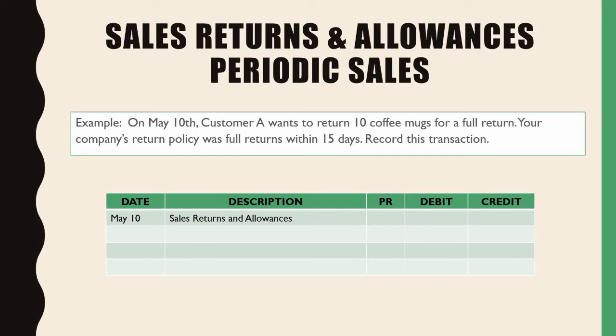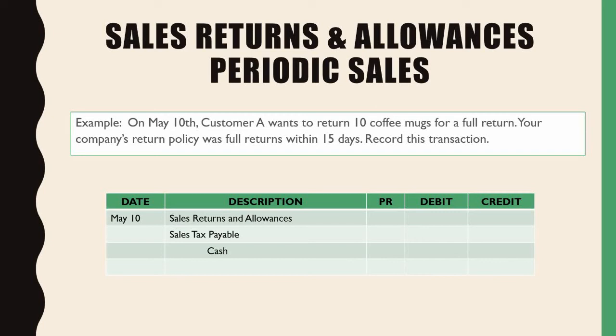Once again, sales returns and allowances acts as a contra account to sales. Here we understand that we're making a sales return because customer A is returning products back to us. So we're going to recognize the account sales returns and allowances.